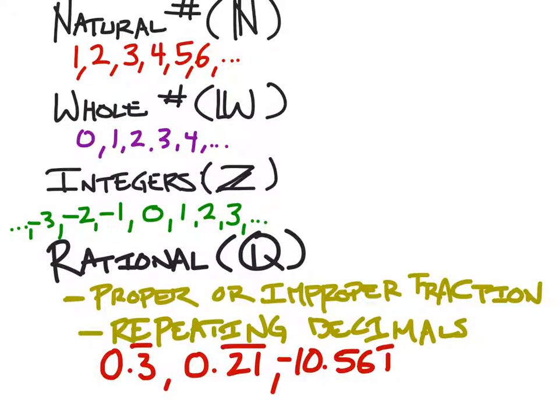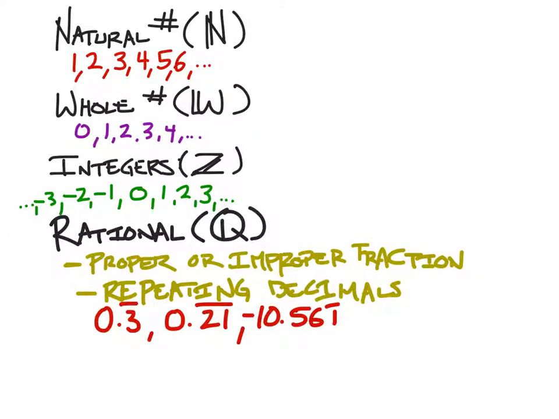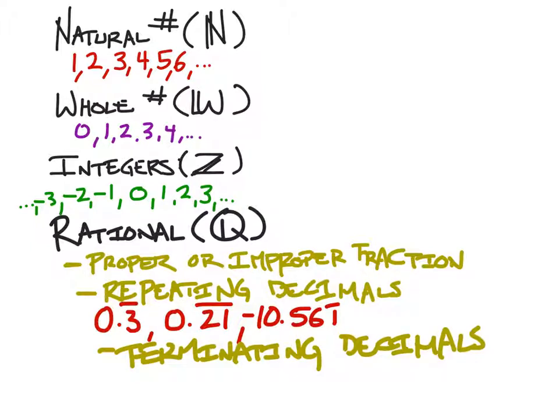But we also have a very specific type of repeating decimal: terminating decimals. Terminating decimals is kind of exactly how it sounds. At some point, the numbers get terminated. For example, here's a common one, 0.5.